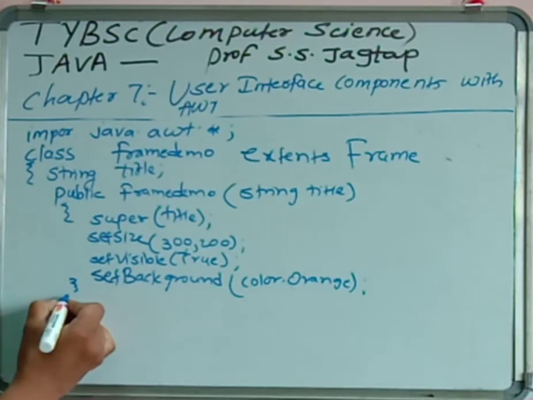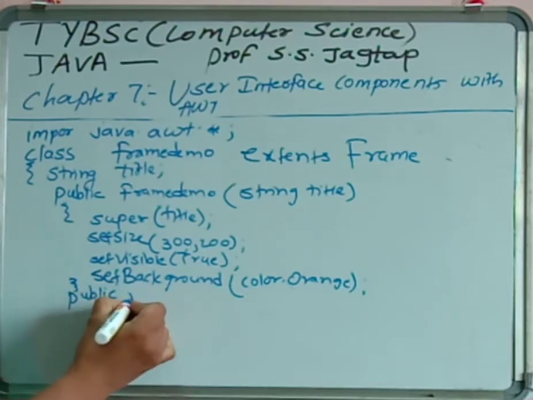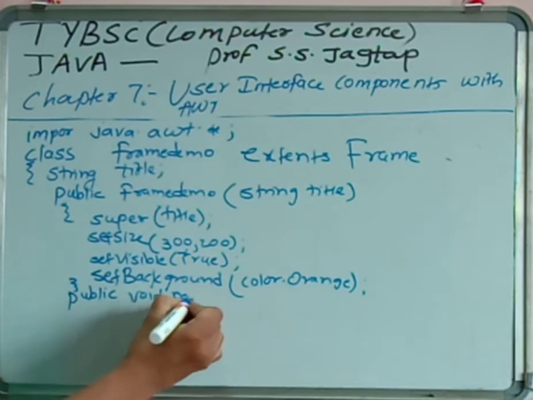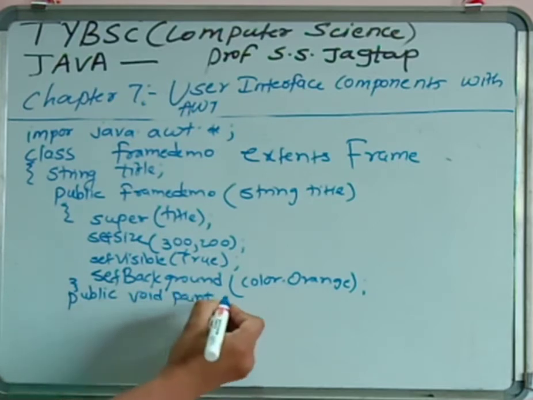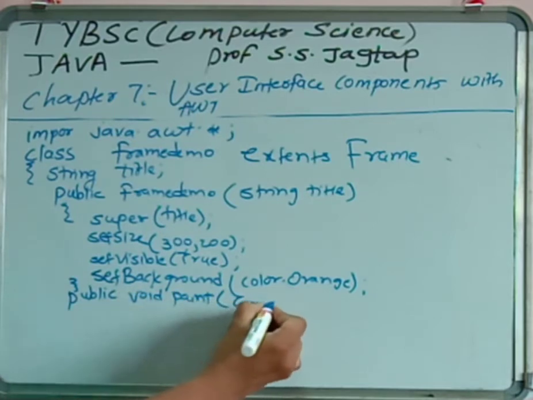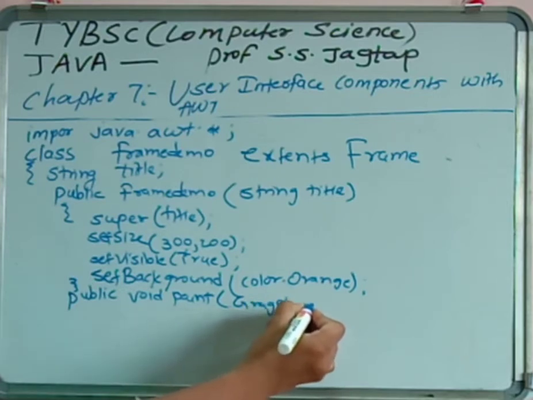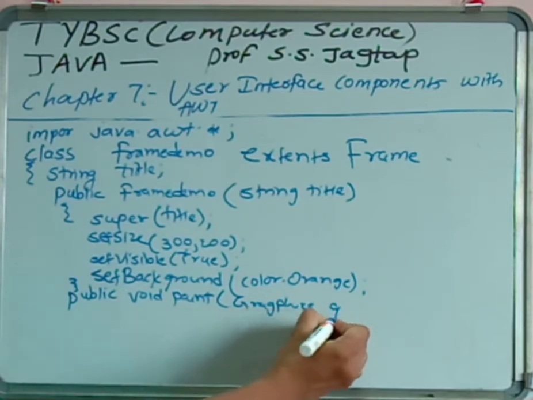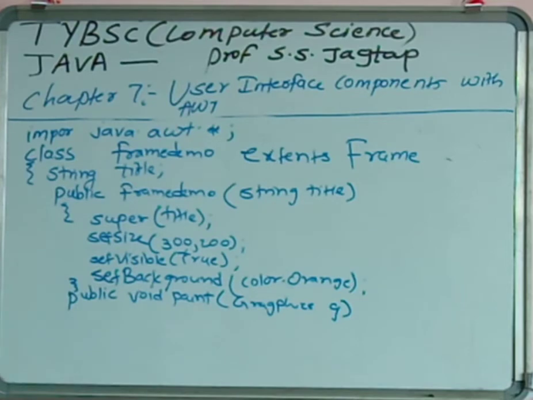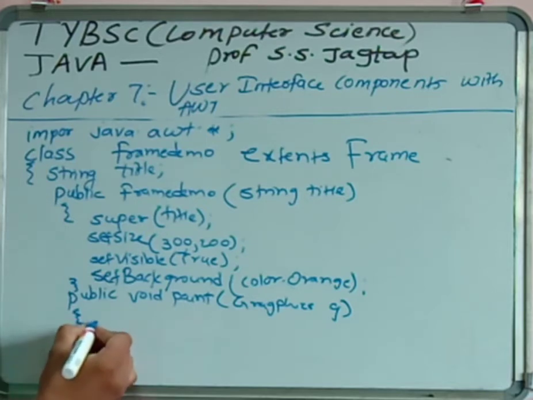Now again there is a function used, that is public void paint. Paint is the function to draw a string in graphics mode. The Graphics class is there and an object is created here. Whatever string we want to put in the window can be set here.